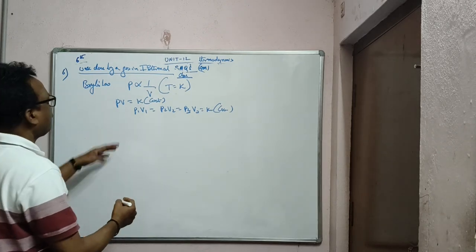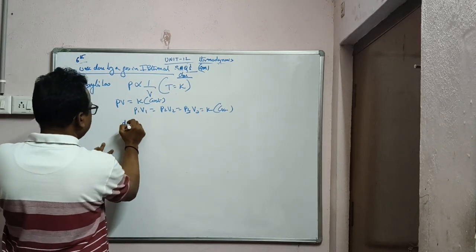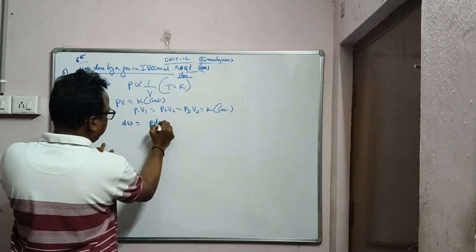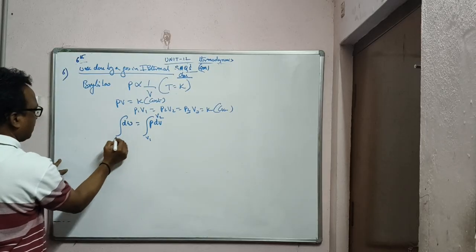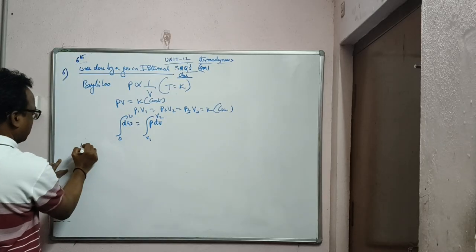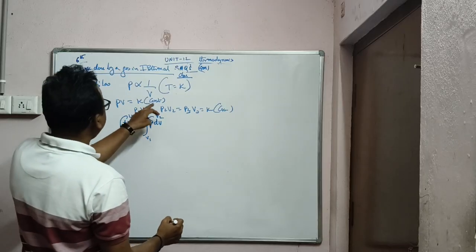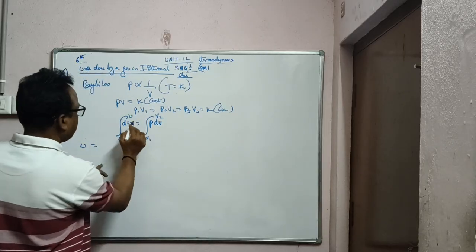Now we have to find the work done. We know dW = P dV, integrating from V1 to V2. So W is the integral from V1 to V2 of P dV. Since PV is constant, what can we put in place of P?